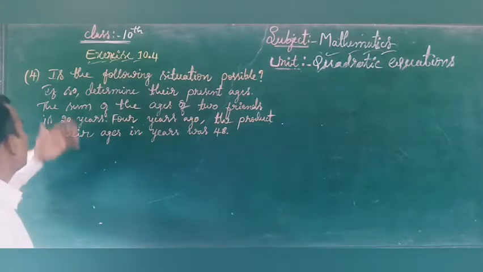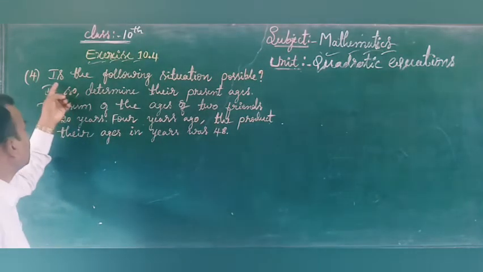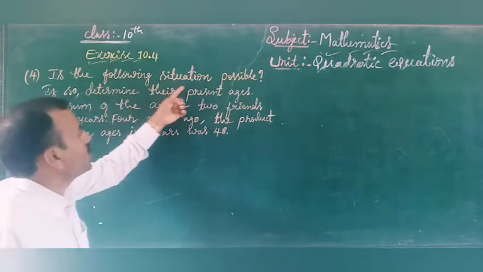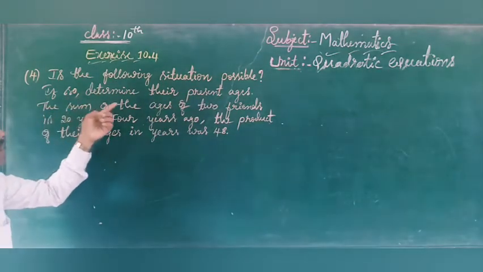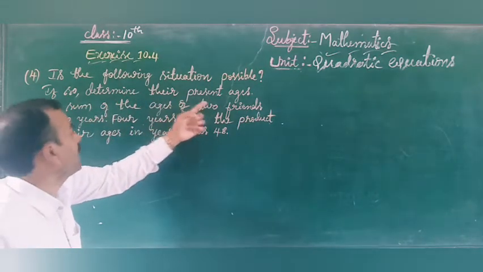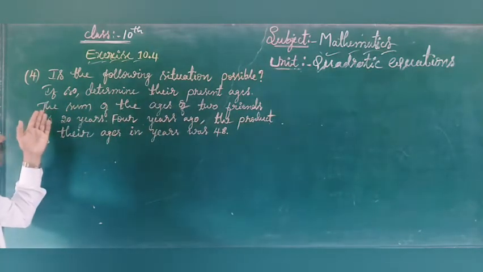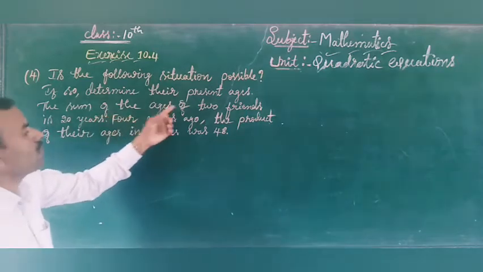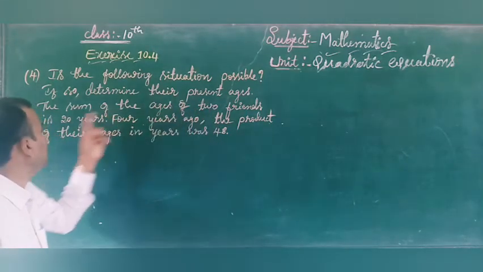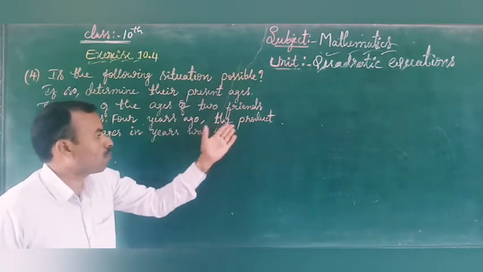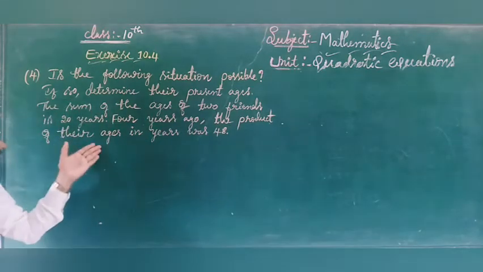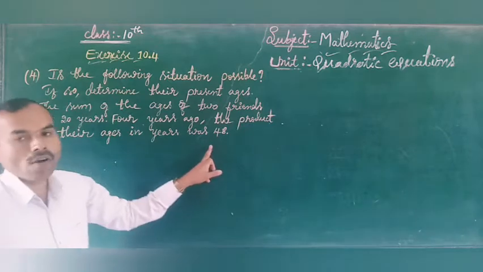Now we shall take down the fourth one. Is the following situation possible? If so, determine their present ages. The sum of the ages of two friends is 20 years. 4 years ago, the product of their ages in years was 48.